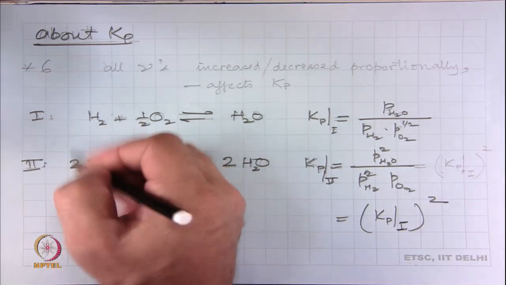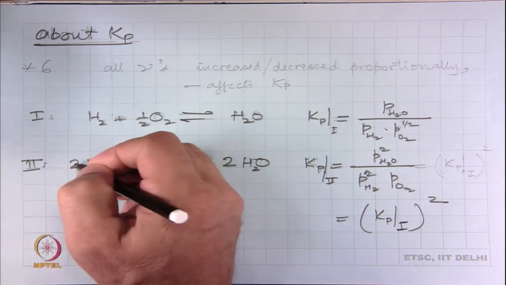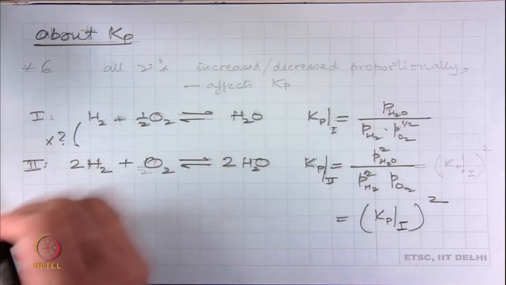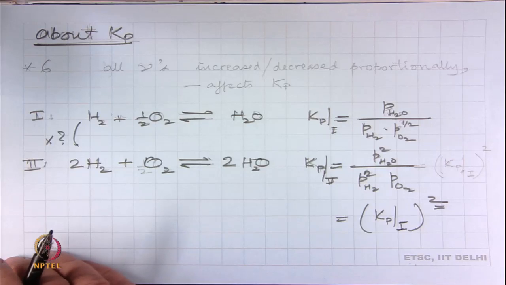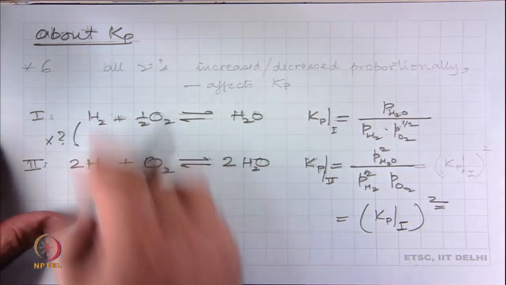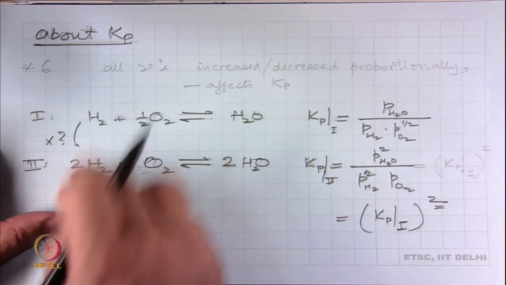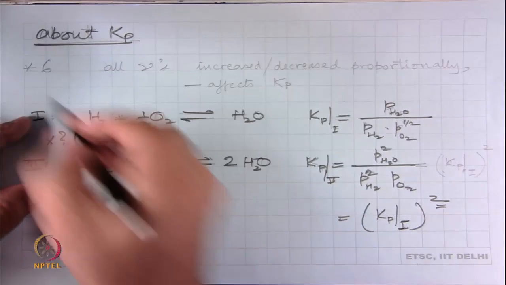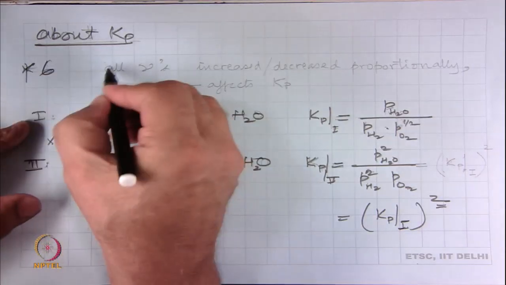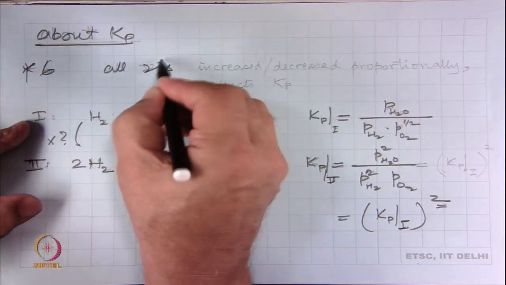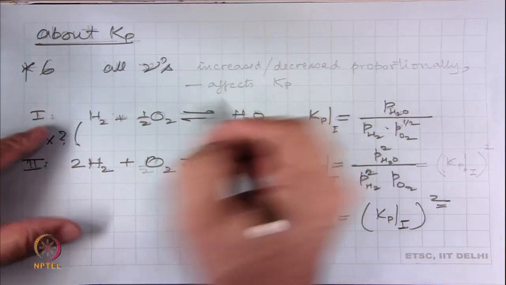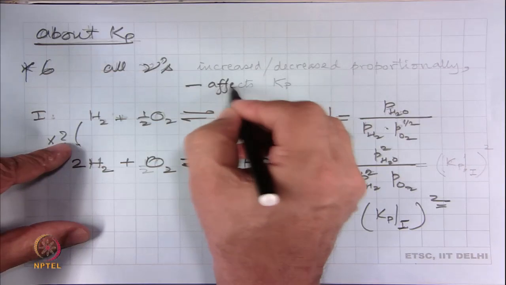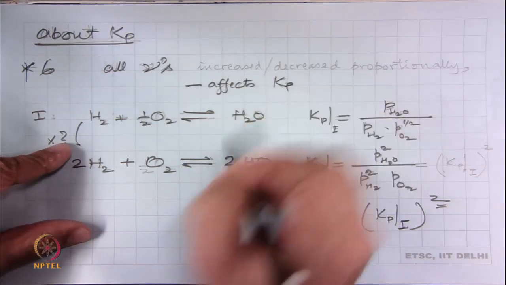So, this is the multiplication factor for the number of moles in the reaction, whatever x into something shows up as an exponent over here. If it is 3 times here, this will become cube. If it is half, this will become half. So, what we have seen is that if all nus are increased or decreased proportionally, then this affects the equilibrium constant Kp.